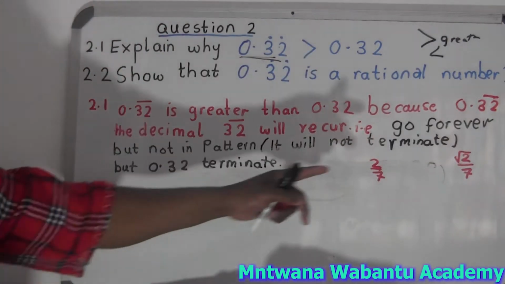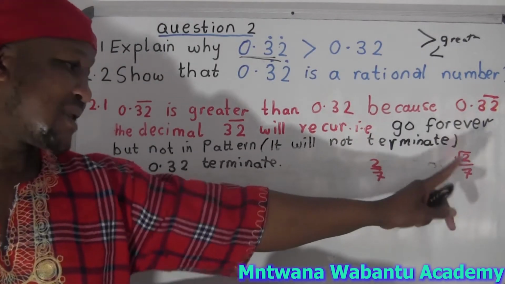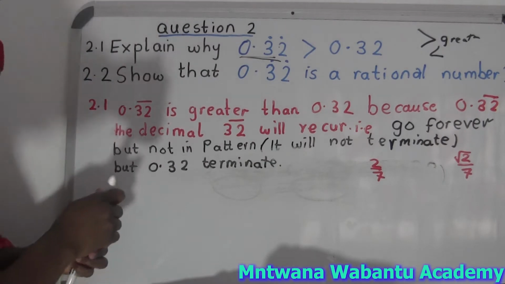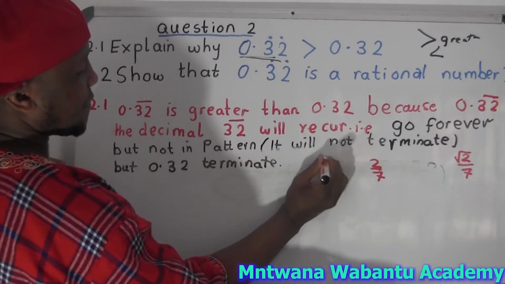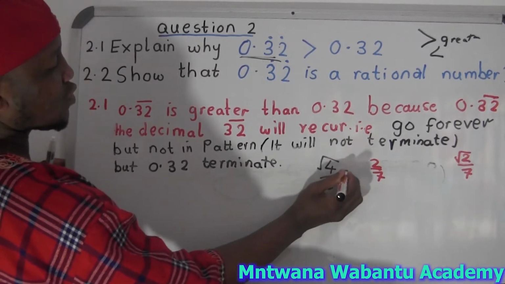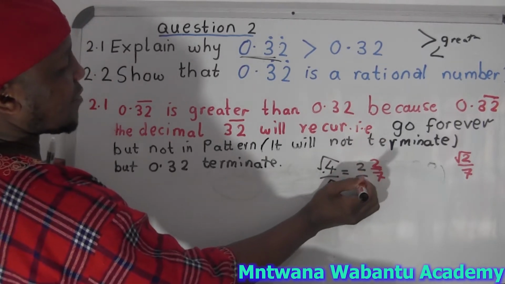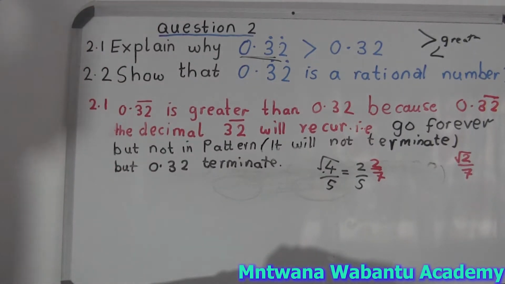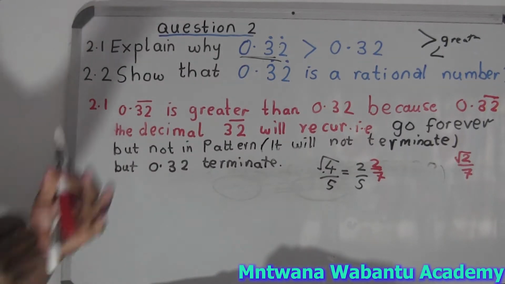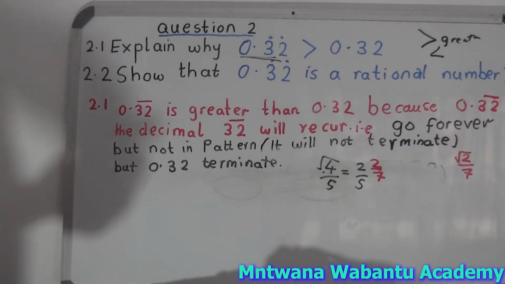You might also have something like this, which is rational because when you take the square root of 4, you get 2, and then over 5 is rational. But for this one, the square root of 2 does not give you an actual number, so it's not rational, okay?